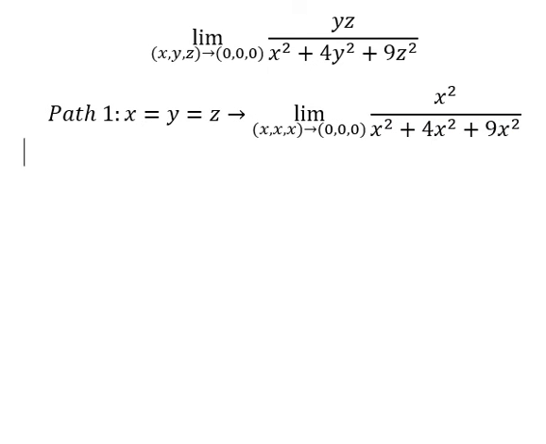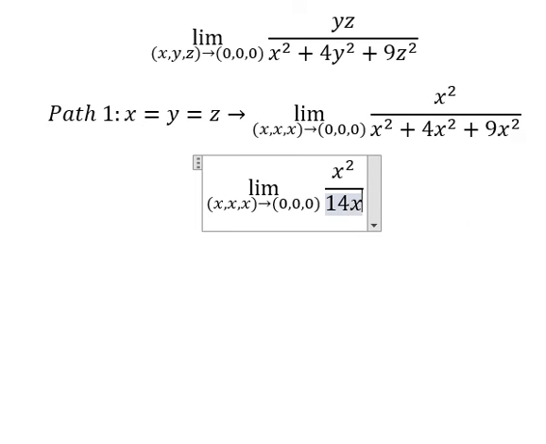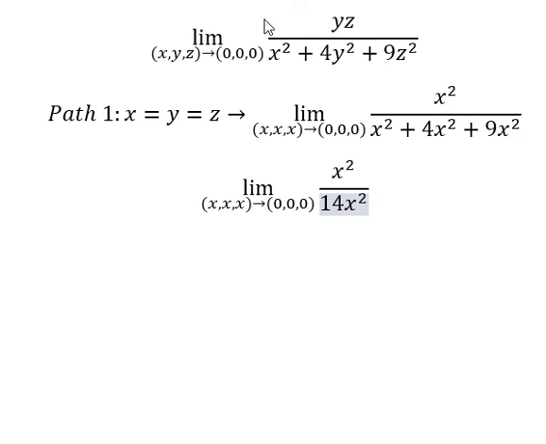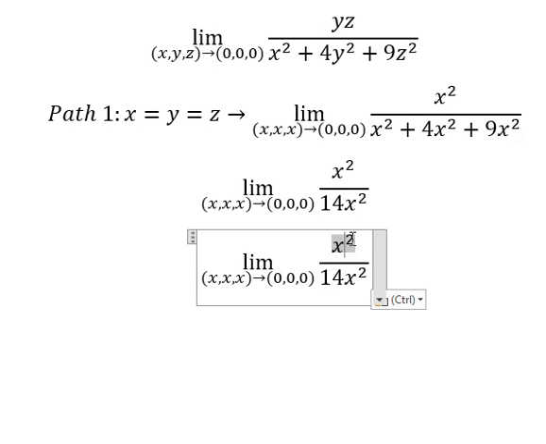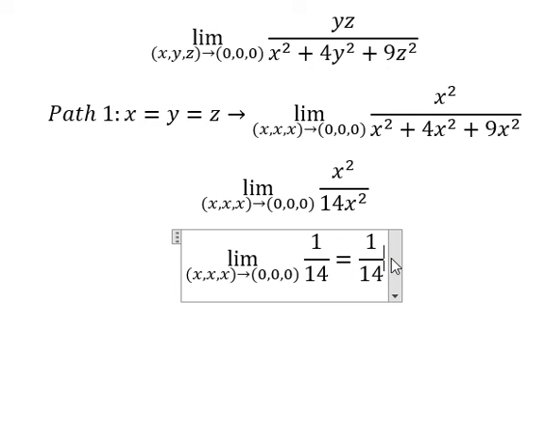Now we sum together in here and we have 14 x square. Next we simplify x square on the numerator and denominator. And now we just have 1 over 14.